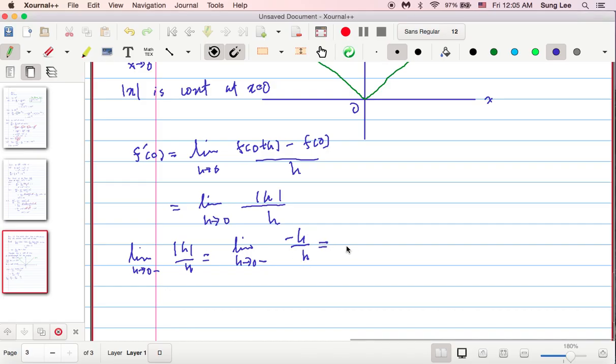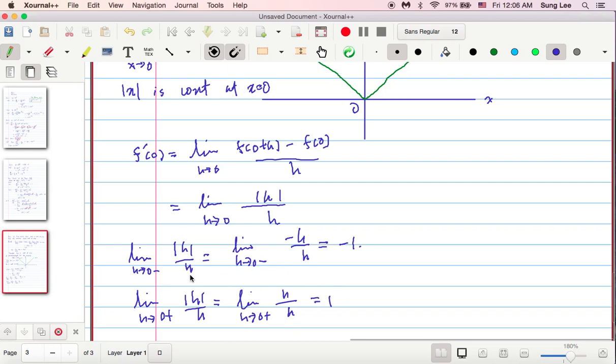So h cancels out, that leaves us negative 1. On the other hand, the limit as h goes to 0 from the right, okay, so right-hand limit, the absolute value of h is just h, so h divided by h gives us 1.